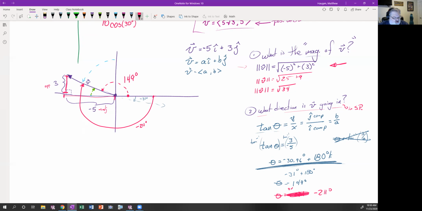Which direction are we heading in, 149 or negative 211? They're both true. Which one do we have to use? Either one. Which one do we tend to use? The 149. But what can we not use? The negative 31. Okay. Fair? Yes. Now, if that vector had been heading down into quadrant 4, we'd want to use the negative 31.